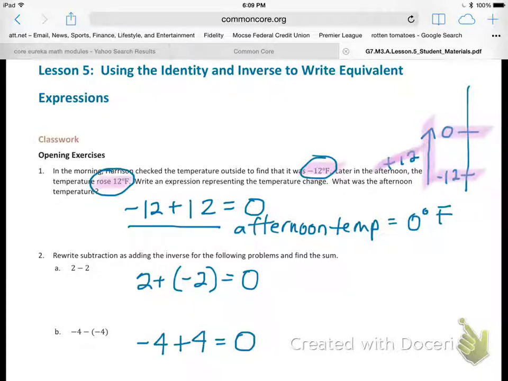It just tells you to rewrite subtraction as adding the inverse. So instead of having 2 minus 2, which we all know is 0 already, we rewrite it this way as adding the inverse. We have our addition sign, and then our negative 2 is set aside in parentheses. Down here, similar but different.